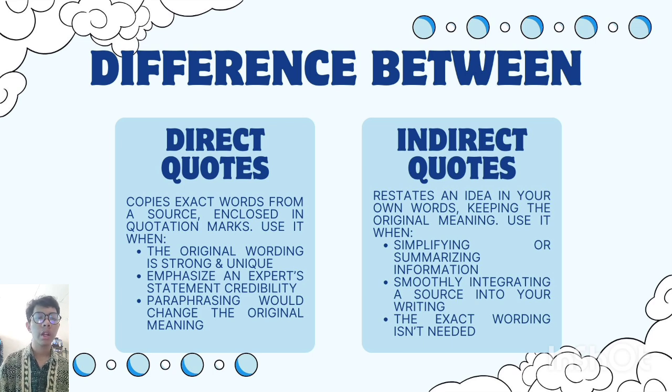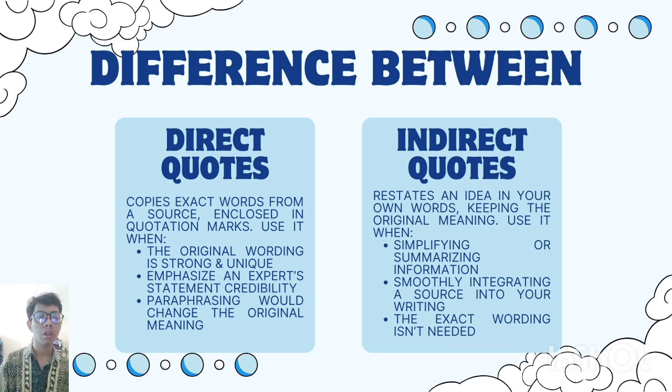We use direct quotes when the original wording is strong and unique, and we want to emphasize an expert's statement and credibility. So if an expert is stating something and we want to take that, we will use direct quotes, not indirect quotes.